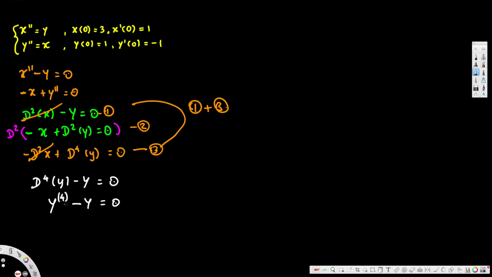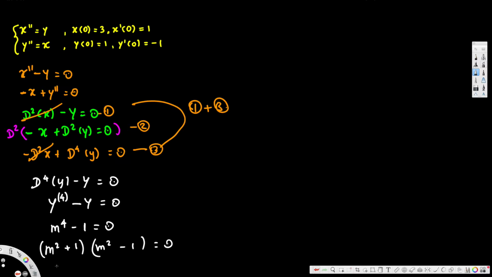And if you write the characteristic equation for this one, this is going to be just m to the power 4. Since we don't have any derivative here, it means we just have to put the coefficient. Minus 1 is equal to 0. Now here we can factor this one like m squared plus 1 and m squared minus 1. m squared minus 1 is equal to 0.